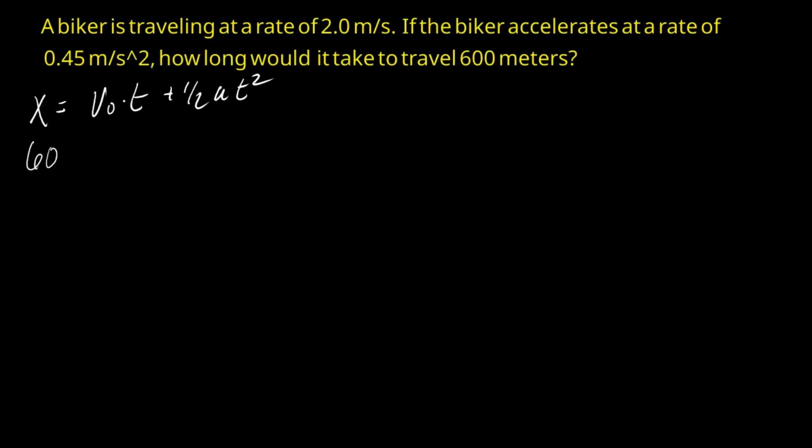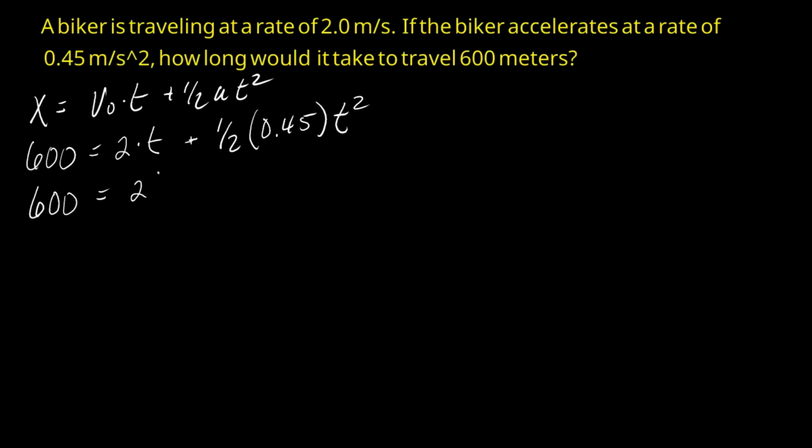So we're going to put 600. The initial velocity is 2 times t plus 1/2 of 0.45 times t squared.